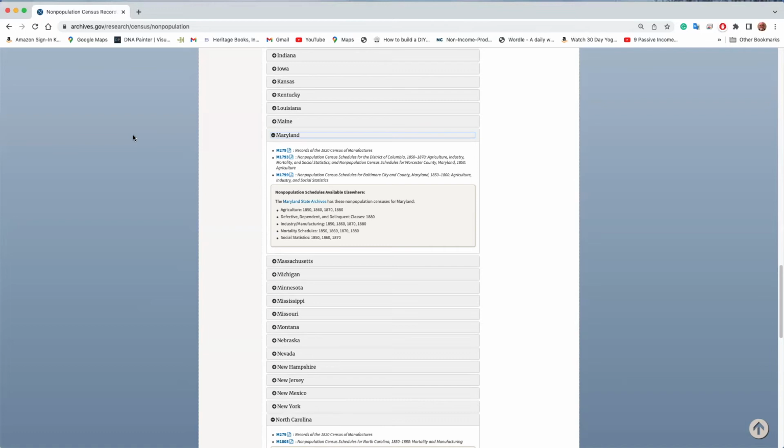And they have the agriculture, industry, and social statistics. The Maryland State Archives, though, has the non-population censuses, including that defective, dependent, and delinquent classes 1880.